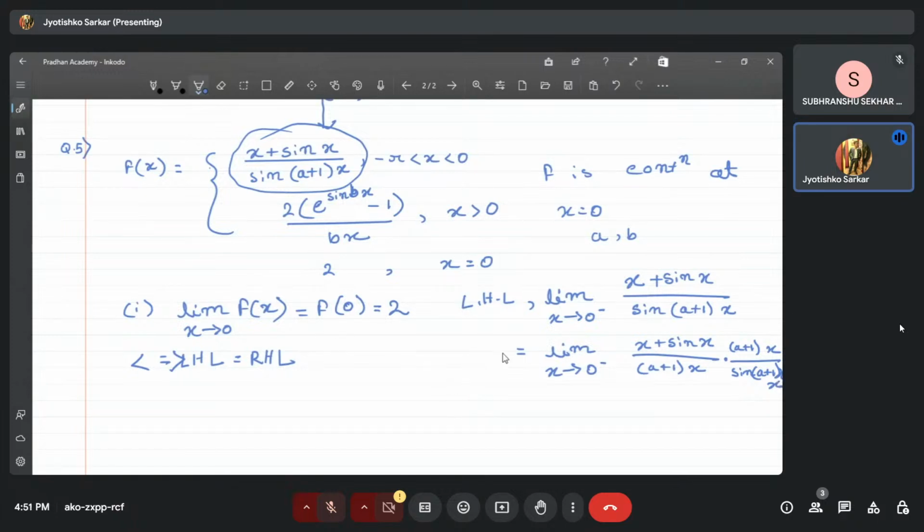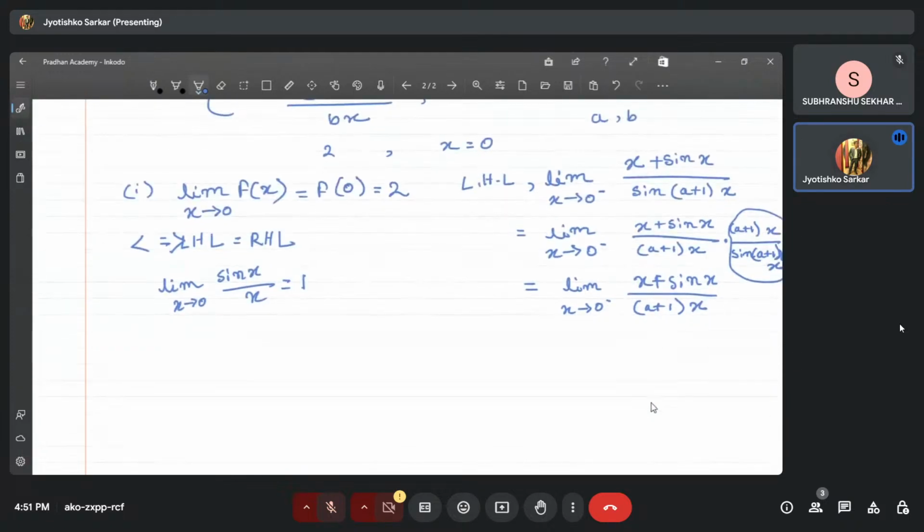Now we already know that this value will become 1, as we already know that limit x tends to 0 of sin x by x is 1. So this value will become limit x tends to 0 of (x plus sin x) divided by (a plus 1)x.